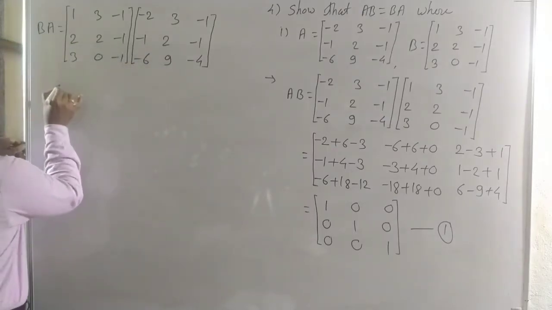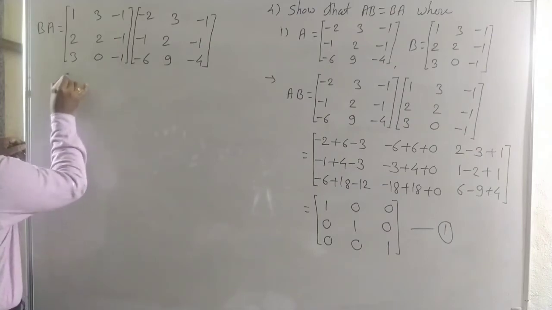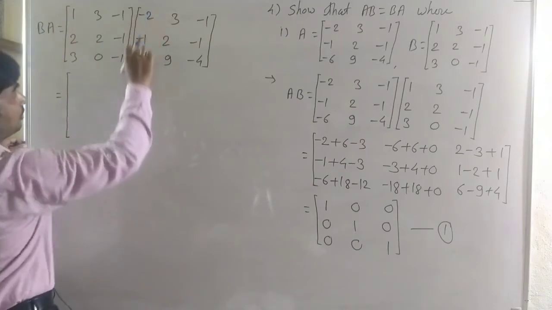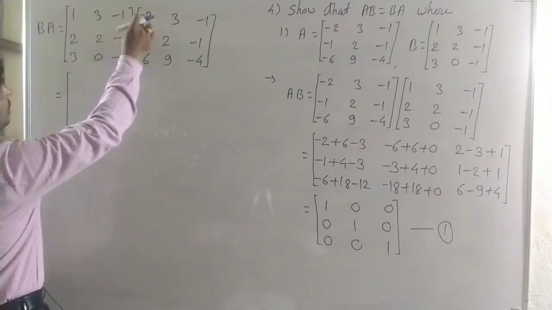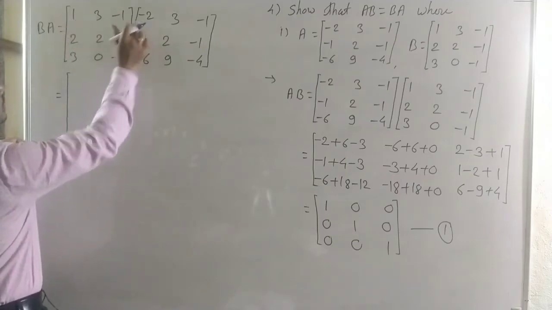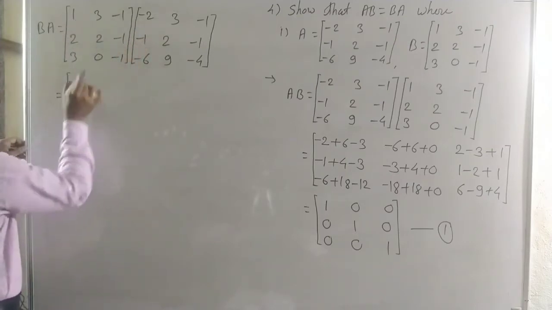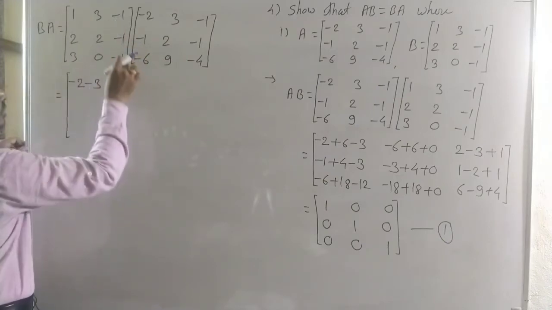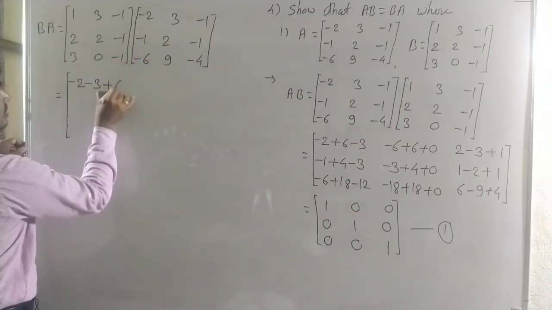Okay, here same procedure: first row, first column, then first row, second column, first row, third column. First row, first column: 1, 3, minus 1 and minus 2, minus 1, minus 6. See carefully. 1 into minus 2, it is minus 2, plus 3 into minus 1, it is minus 3, and minus 1 into minus 6, it is plus 6.